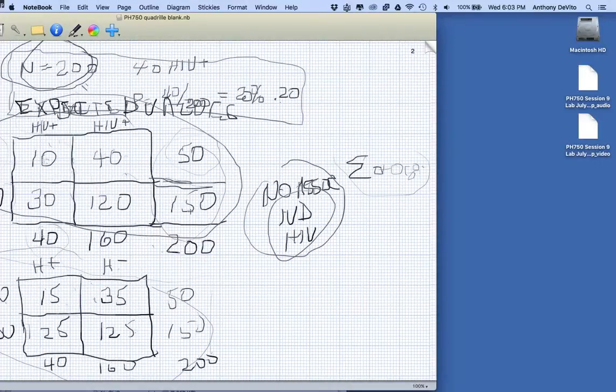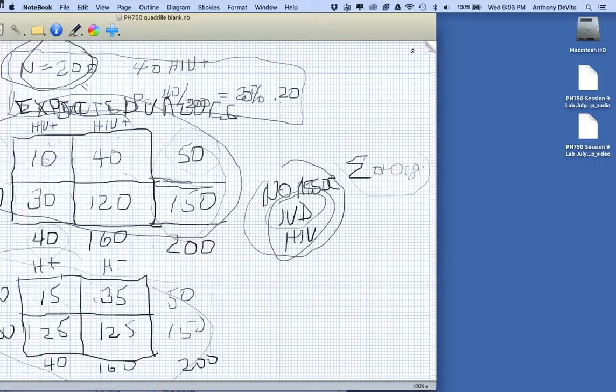The stronger the association between IV drug use and whether a person is HIV positive, the bigger the differences I would expect from the expected values. Maybe I would have gotten a situation where all 40 people would have been 40 and 0. All 40 people that were HIV positive were drug users, right?